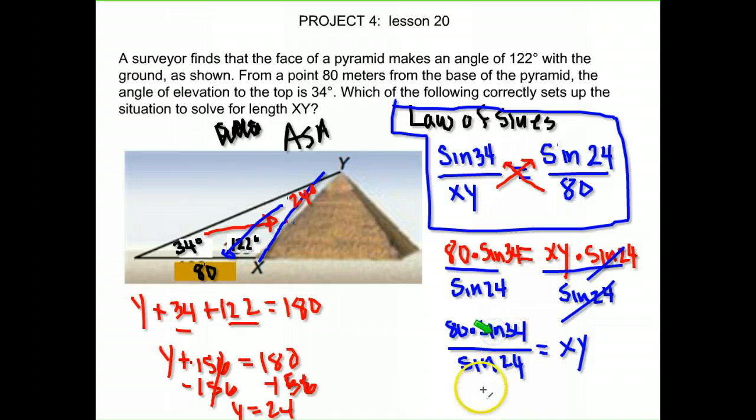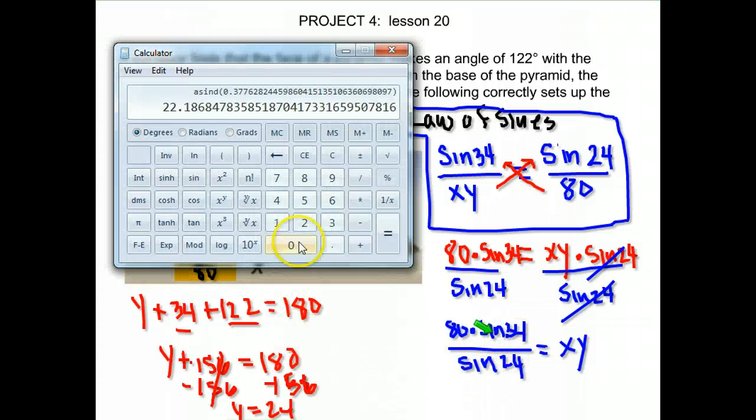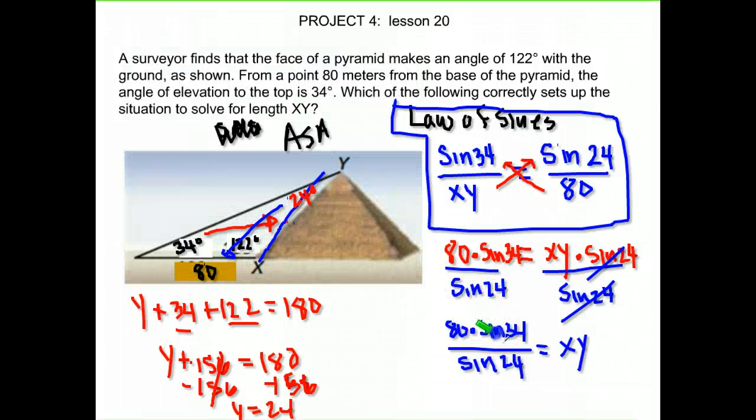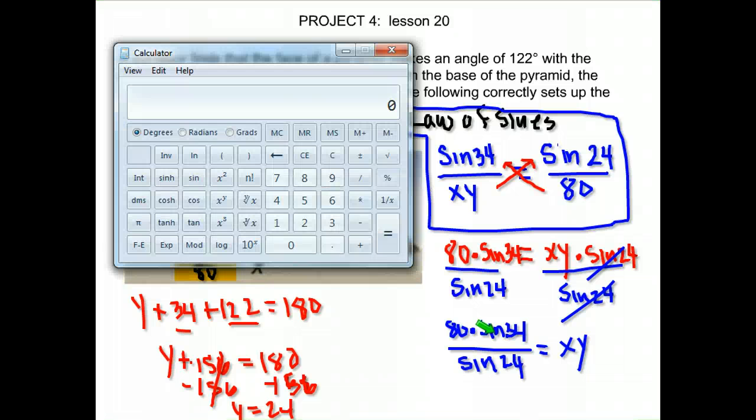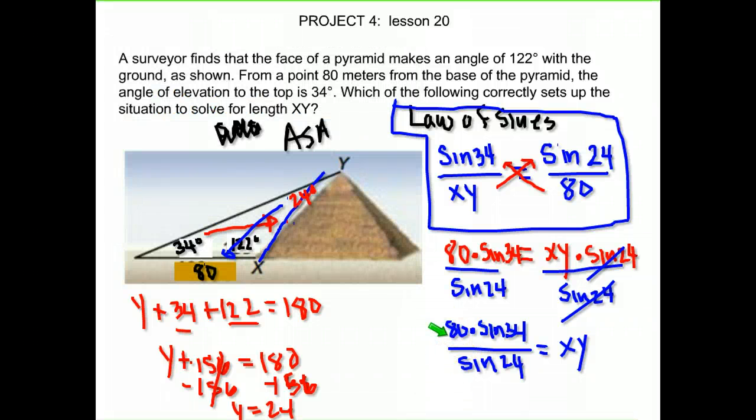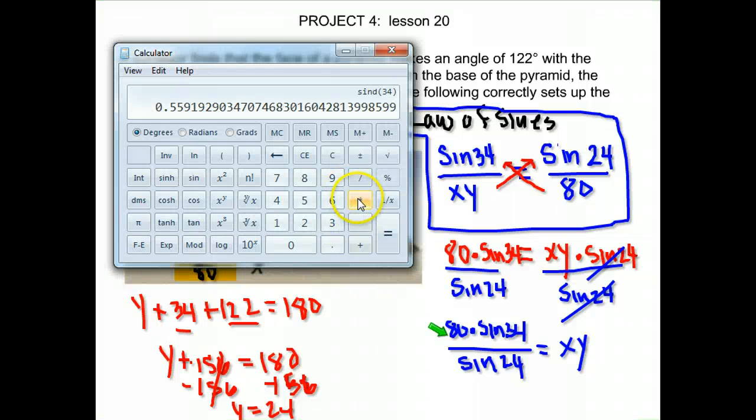And now all I need is a calculator, and I'll have my answer to that question. So with your calculator, start here, do your sine of 34. You want to go carefully. So 34 sine is 0.5591. Then multiply that by 80. So it's in my calculator here.